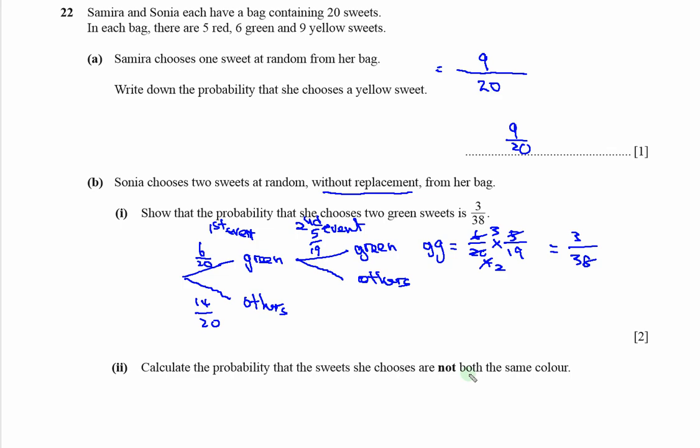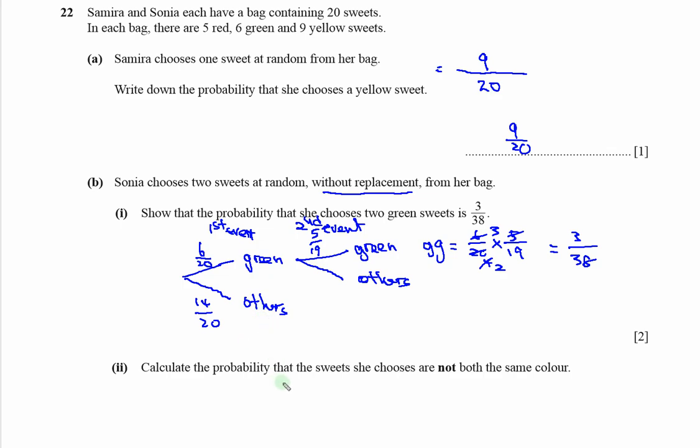Okay, that means it has to be a mixture of colors. So in this case you have to redraw the tree diagram with 3 possible outcomes.